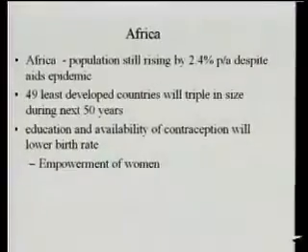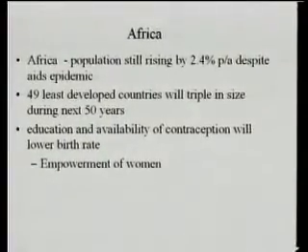So if we just take Africa, their population growth rise is still 2.4% per annum, and this means that the 49 least developed countries will triple in size during the next 50 years. Triple in size. That 2.4% doesn't sound like a lot, but if you take that over an extended period, you can see from the doubling rate what the outcome would be.